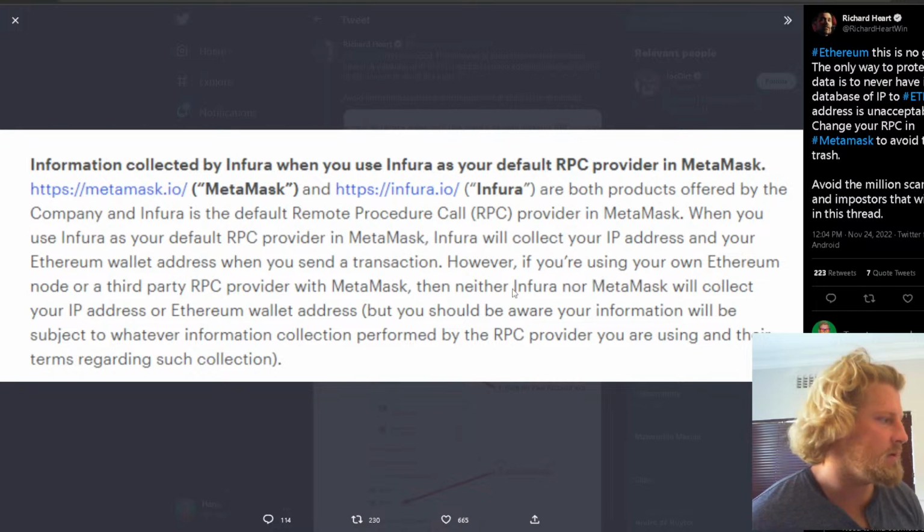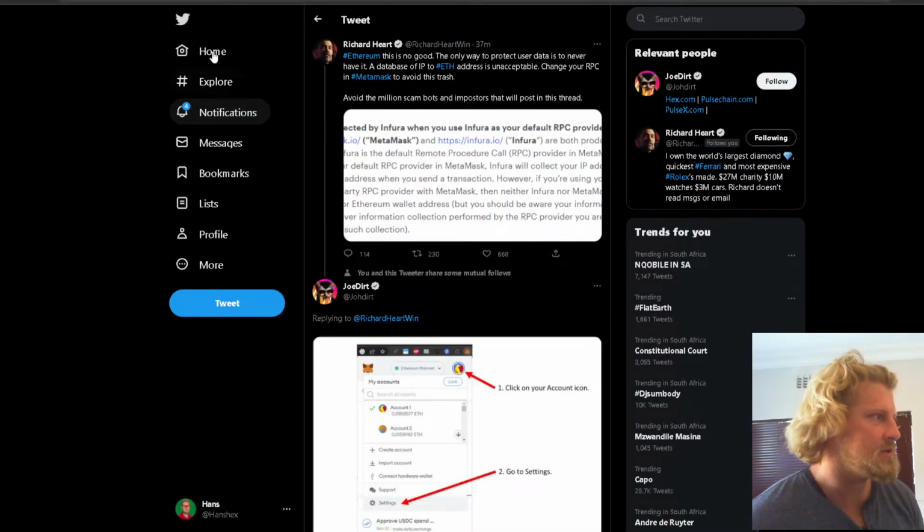However, if you're using your own node or a third-party RPC provider with Metamask, then neither Infura nor Metamask will collect your IP or Ethereum wallet address. But you should be aware your information will be subject to whatever information collection is performed by those RPC providers, under their terms regarding such collection.